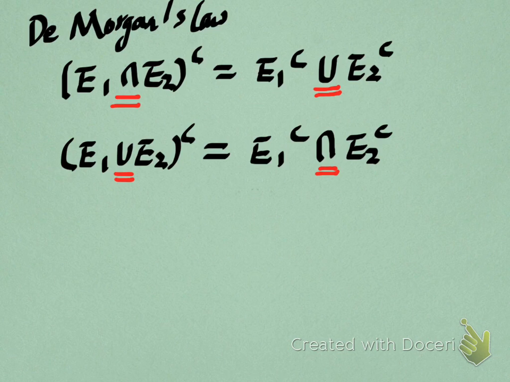If previously it was an upside-down U, then after the complement it will become a U. If previously it was a U as union, then after this rule it will become an upside-down U, which means an intersection. So this is the meaning of some computations of sets and some important laws and rules about these computations.